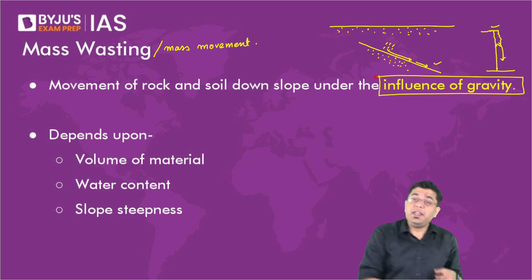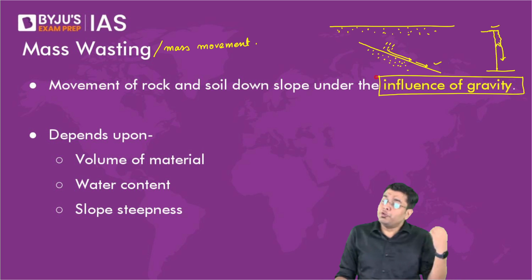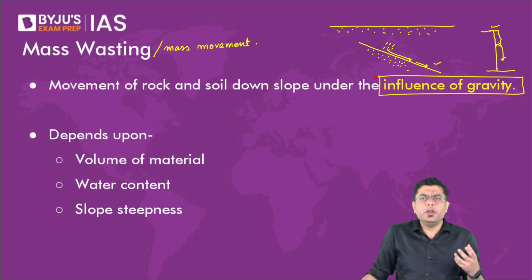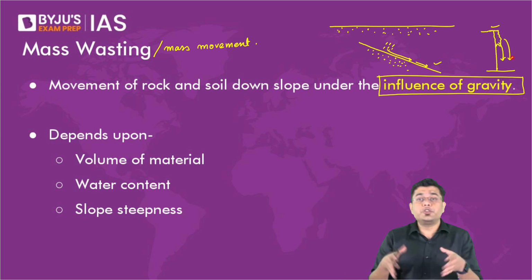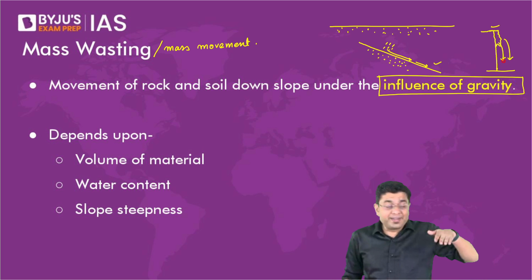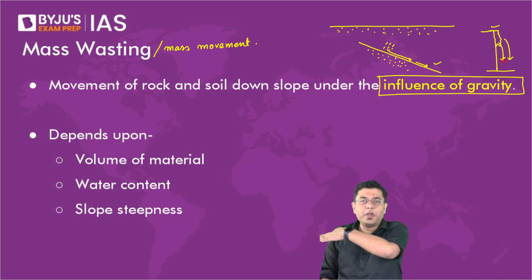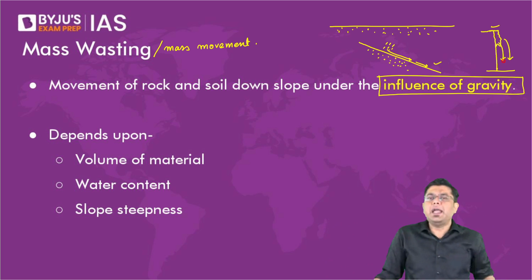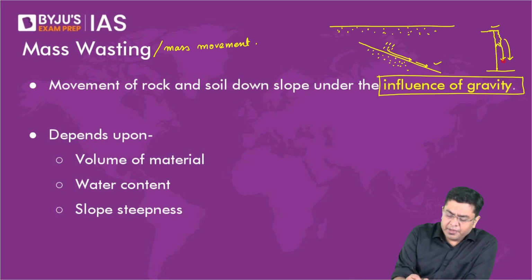So gravity has a very substantial role to play here. Now, this mass movement, depending upon how it is happening, whether it is across a vertical section of a wall, or whether there is too much water present, or the land itself has subsided as it is slipping over, you have different types of mass movement. They are also classified into different types.